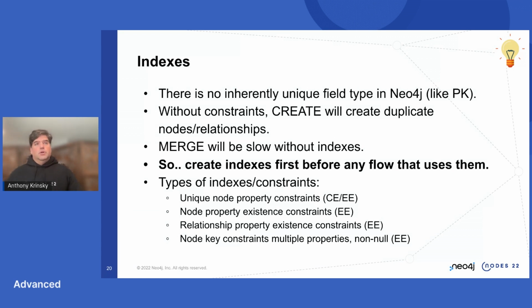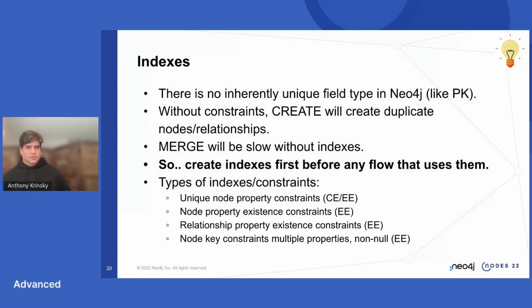Also, you can imagine if I'm doing an upsert, a merge, it's going to be slow if that key field that I'm merging on is not indexed. We're going to be doing table scans like our poor old RDBMS cousins. So do create indexes first before any flow that uses them.